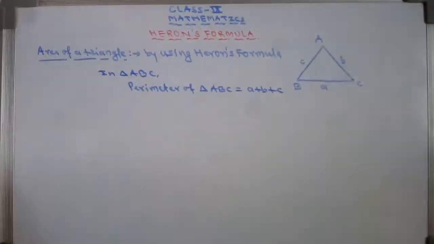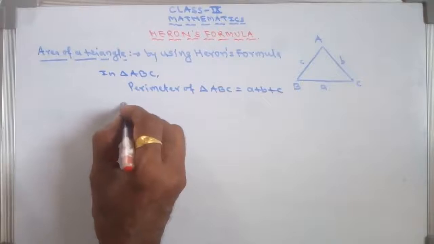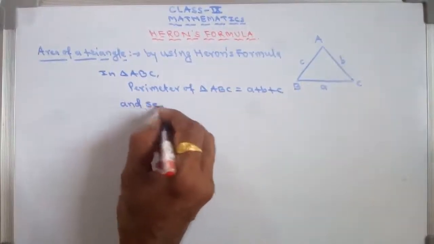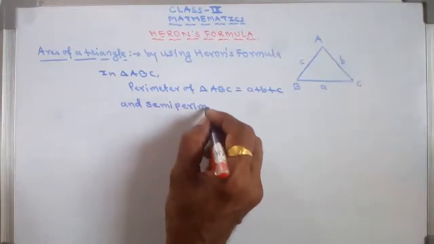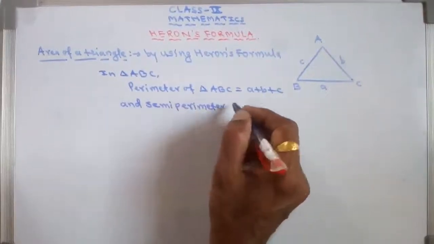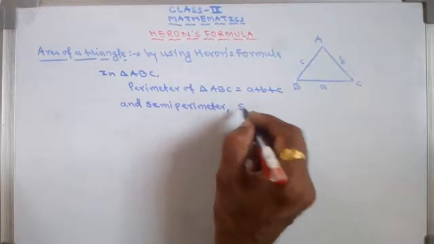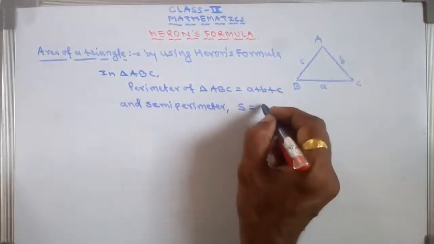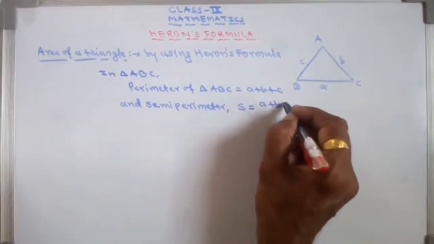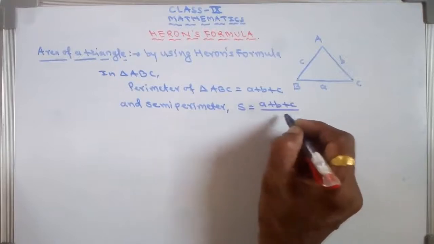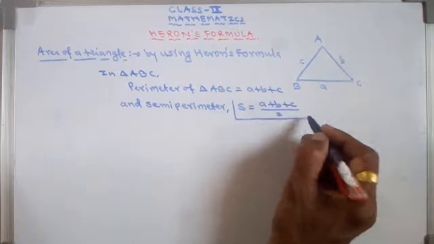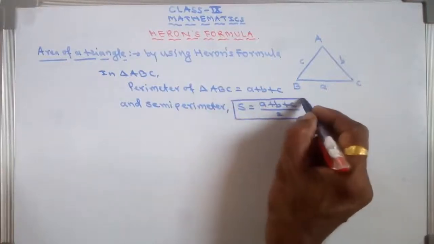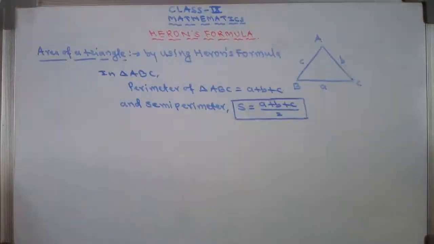Semi means half, so semi perimeter means half of the perimeter, which is denoted by small s. So it will be a plus b plus c and half of that. So this is your value of the semi perimeter of this triangle ABC. s is equal to a plus b plus c by 2.